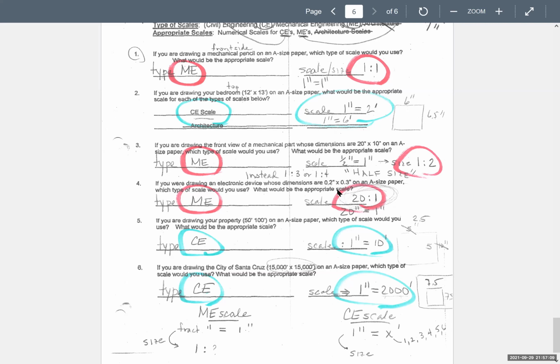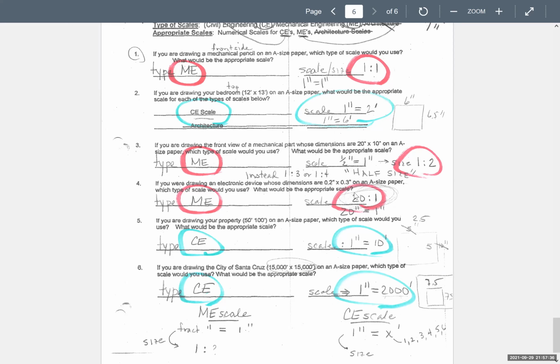So, Jorge, 20-to-1 scale, how big would this show up on my paper? That would show up 2 inches by 3 inches. Well, 20-to-1, not 10-to-1. I'm making it 20 times bigger. Oh, 4 inches, my bad. 4 inches by? 6 inches.